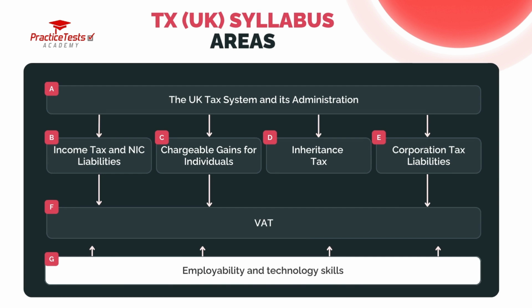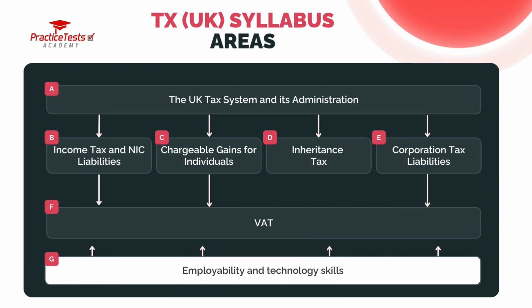And finally, Part G covers employability and technology skills. It isn't something you need to study separately, there's no extra material for it. Instead, it's embedded throughout your course and comes down to how you interact with the computer-based exam platform. You'll be exposed to navigating screens, working with spreadsheets, and presenting your answers clearly and professionally, just like you would in a real job.